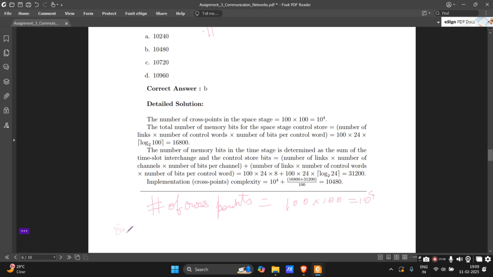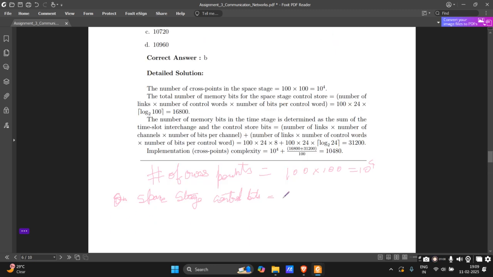Now, space stage control bits. This is basically the number of inputs, that is 100, into the number of channels. How many channels do you have? 24, into ceiling of log base 2 of 100.